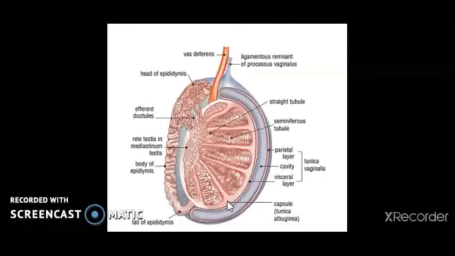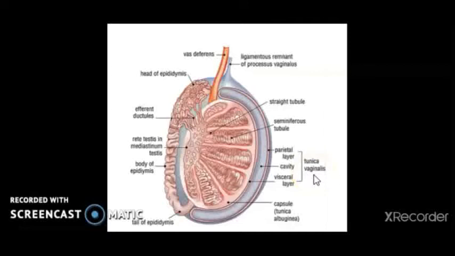This tunica vasculosa is the innermost layer and contains a network of blood capillaries. Through the blood capillaries, blood supplies the testes, and waste material along with CO2, urea and other materials are carried away with the help of testicular veins.